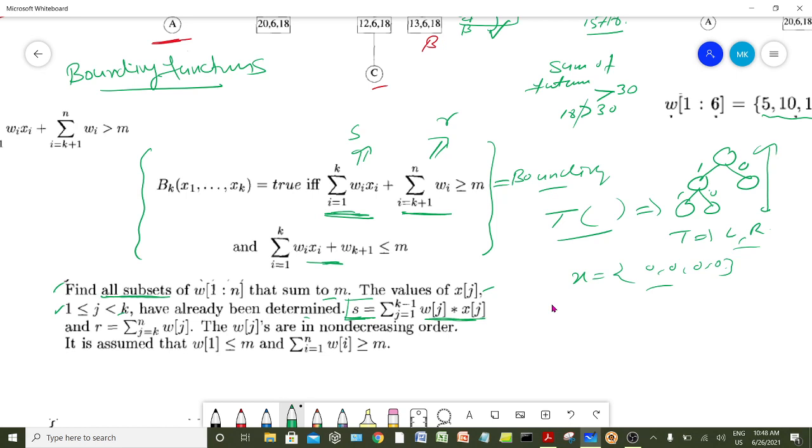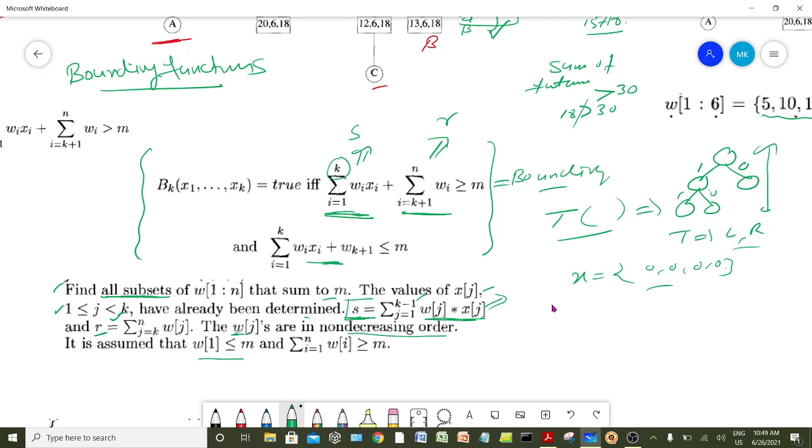Whatever the values were, we need to have the sum of the items included. In the earlier case we took k here, it is one and the same thing if k minus 1 is there, and then we need to consider the kth element in the second, that is equal to r. The next condition is that the wj's are in non-decreasing order, which I already discussed.